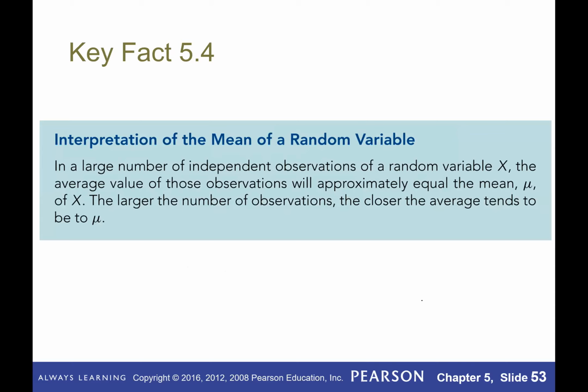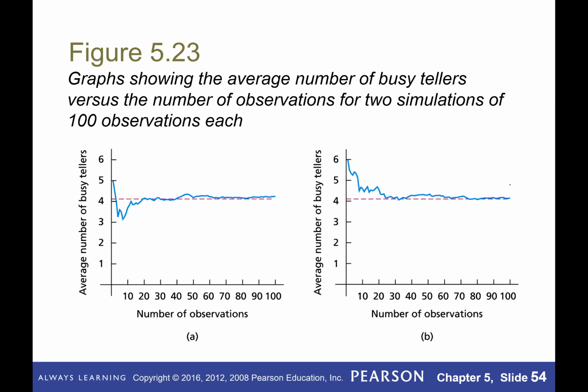So that means if you do the experiment a large number of times, and if the random variable is X, then the average value of the observations is equal to the expected value of X, or E. Here you can see a graph showing the average number of busy tellers versus the number of observations for two simulations of 100 observations.